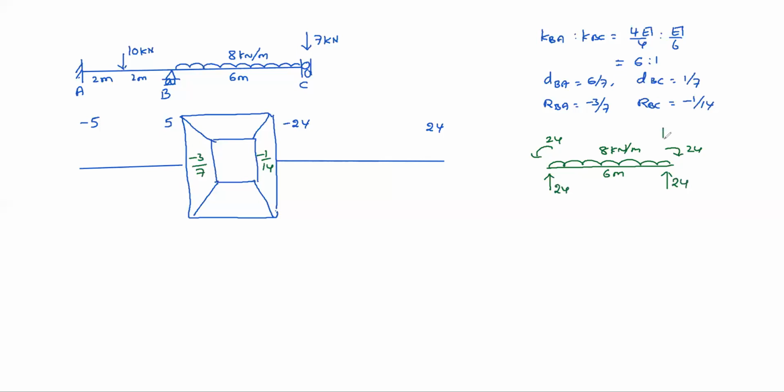And one more load, 7 kilonewtons, is there at C. For that also you'll get a reaction here, plus 7. So 24 plus 7 is the reaction here, that is 31. So now we need to release 31. 31 into 6 meters. So 31 into 6, how much? 31 into 6 by 2. 186 by 2.